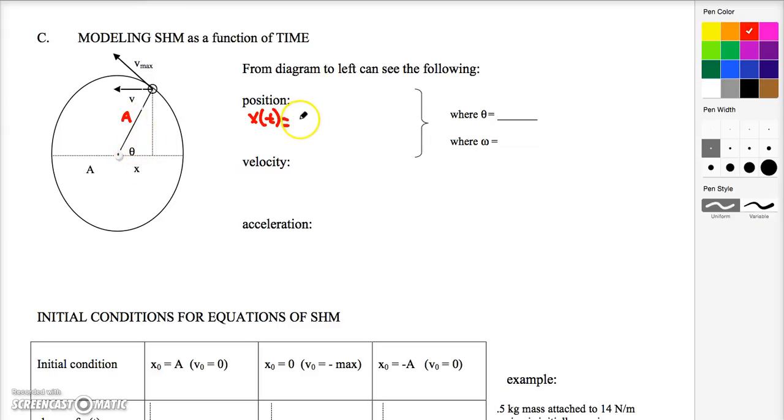So I'm going to write out the cosine function. So if we have cosine of theta equaling x over A, then x is equal to A cosine theta. But now the question is, what is theta? Well, theta, if you remember, is our angular displacement.